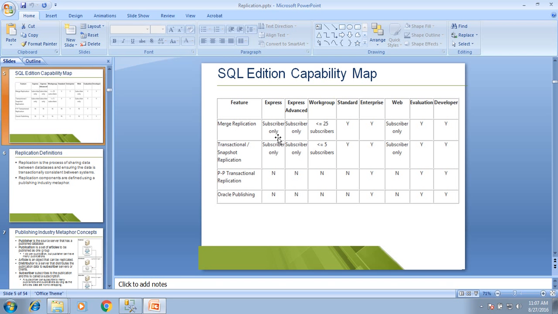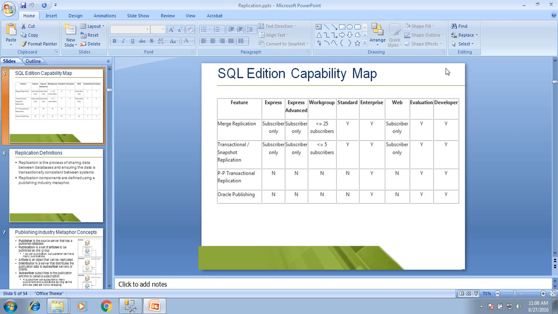So, the Express Edition only supports subscribing the data, but it does not support publishing data or articles. What I have given to you is the SQL Server Standard Edition. It has here yes for replication and yes for snapshot replication. So, Standard Edition will suffice on implementing publisher and subscriber components.